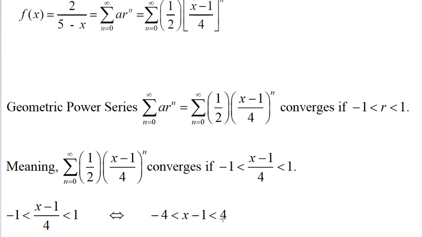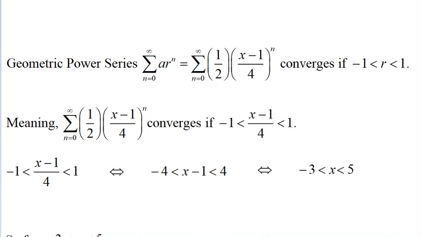And now we'll add 1. Negative 4 plus 1 is negative 3. X minus 1 plus 1 is x. 4 plus 1 is 5.